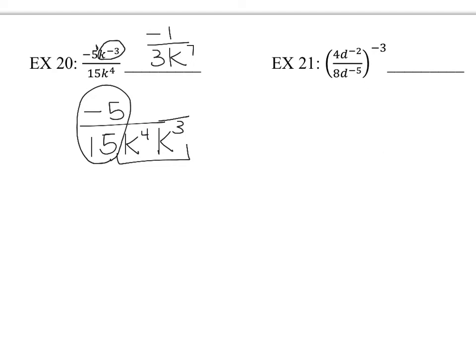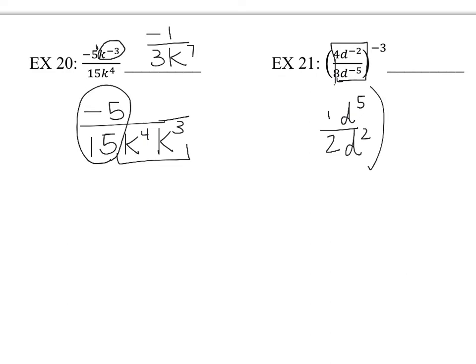I want you guys to get in the habit of when you have parentheses, I want you to fully simplify what's inside the parentheses first, because the order of operations says to do that, right? The order of operations says do what's in parentheses first. We can do something here, right? 4/8 can be reduced to 1/2, and then my d's can trade places. So I'm going to put d to the positive fifth on the top and d to the second on the bottom.